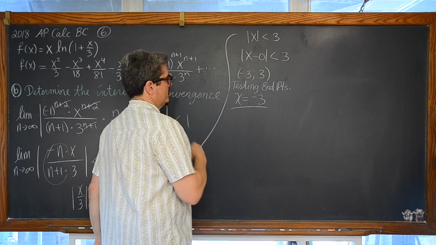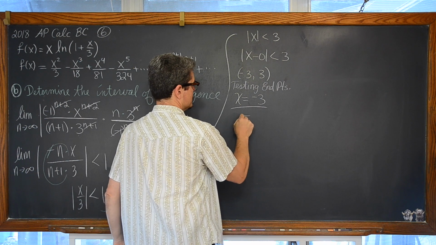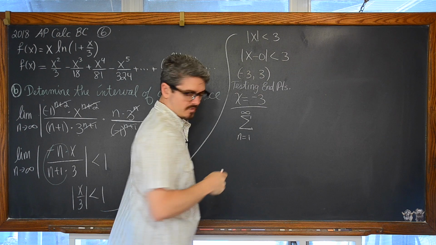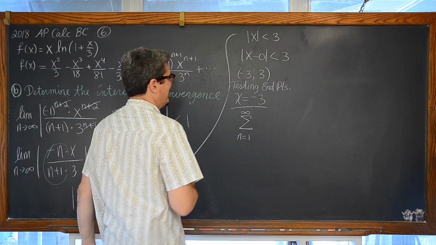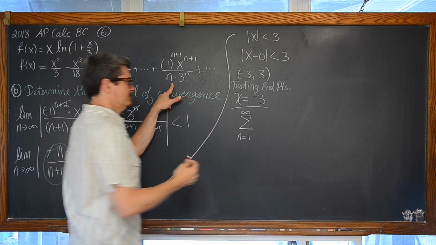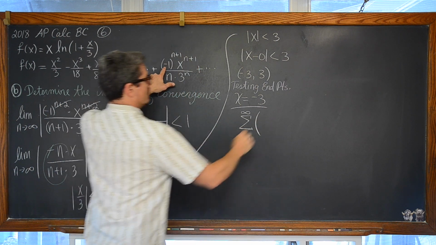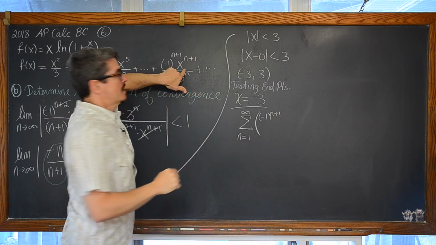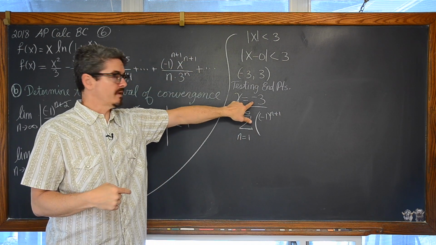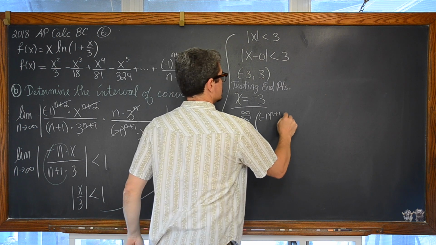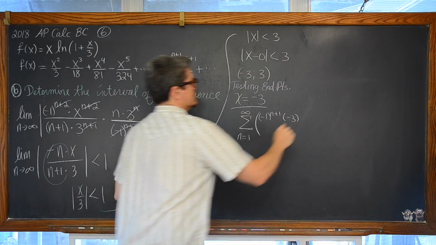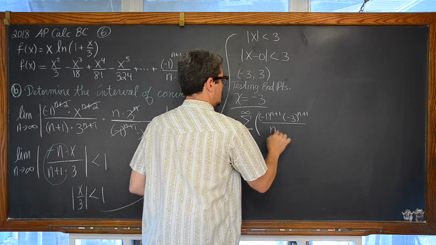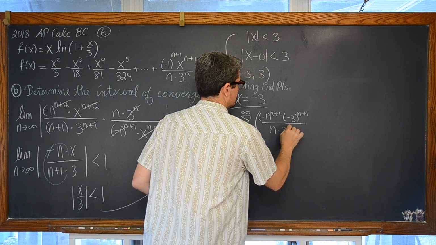So with the endpoint of x equals -3, we have the series where n starts at 1 and goes to infinity, which I should be including that, correct? Yes, okay. Using again this general term, we've got (-1)^(n+1) times, now not x because we're replacing it with -3, so (-3)^(n+1) over n times 3^n.